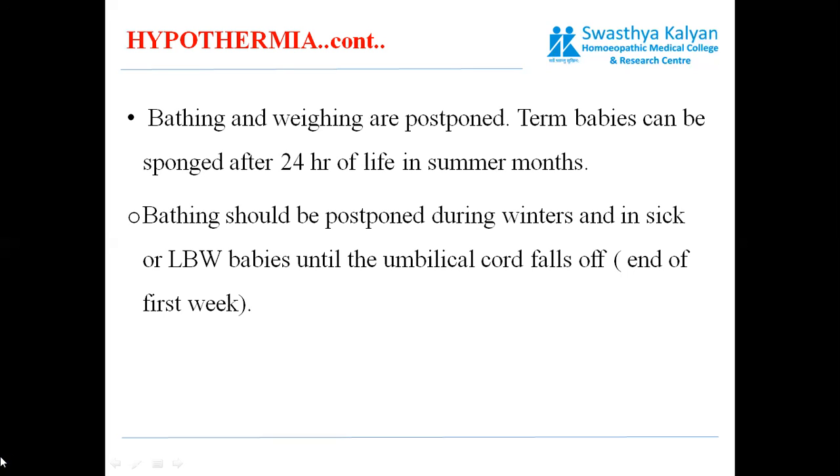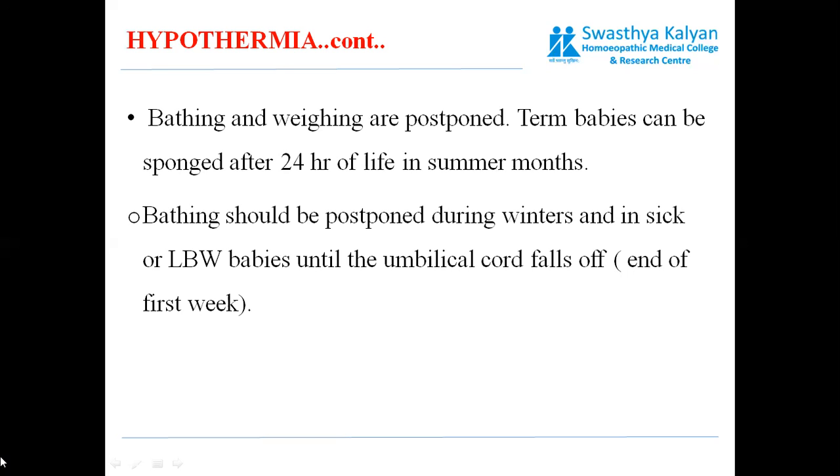Even in term born babies, only a sponge bath can be given, and that too after 24 hours of life, and that too in the summers. In low birth weight babies, sick babies, and in the winter months, bathing should be postponed until the umbilical cord falls off, that is, at the end of the first week.